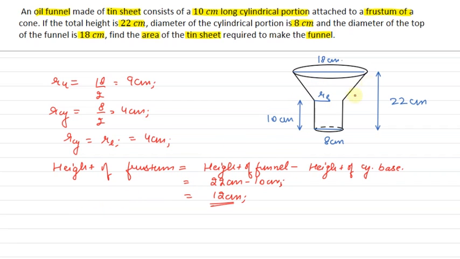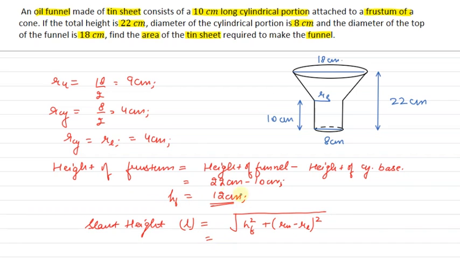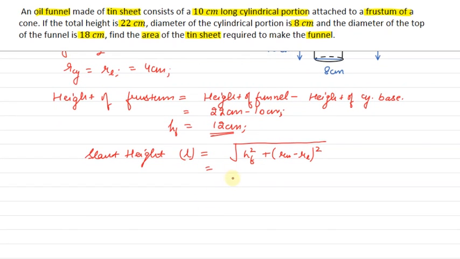Now to find the curved surface area, you are supposed to calculate the slant height. So we'll write slant height L. This will be equal to under root of h square plus R upper minus R lower whole square, right? Here h, the height of the frustum, you have just found as 12 centimeter. Let's put the values now.